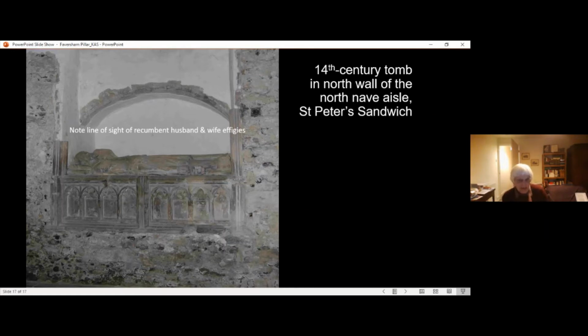So I think lines of sight are really important for medieval people, and for us to try and understand medieval people, we've got to try and think back into their lives. So thank you very much.